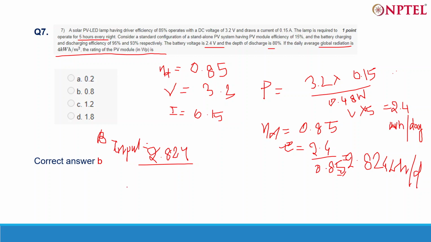Discharging and charging, 0.95 into 0.93, equal to 3.196. Okay. So we have around 4 hours of sunlight.